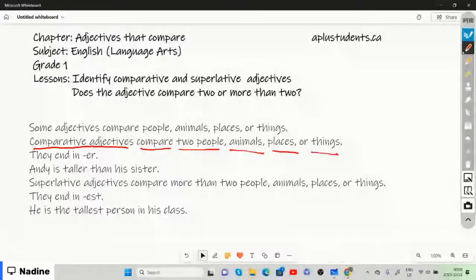Because if you're comparing something to something else, or someone to someone else, then there needs to be another person or thing that you're comparing to. So comparative adjectives only compare two, and they end in er.